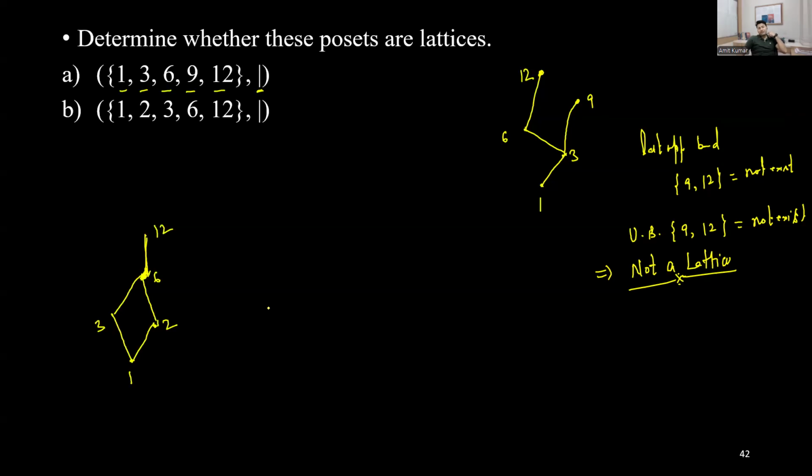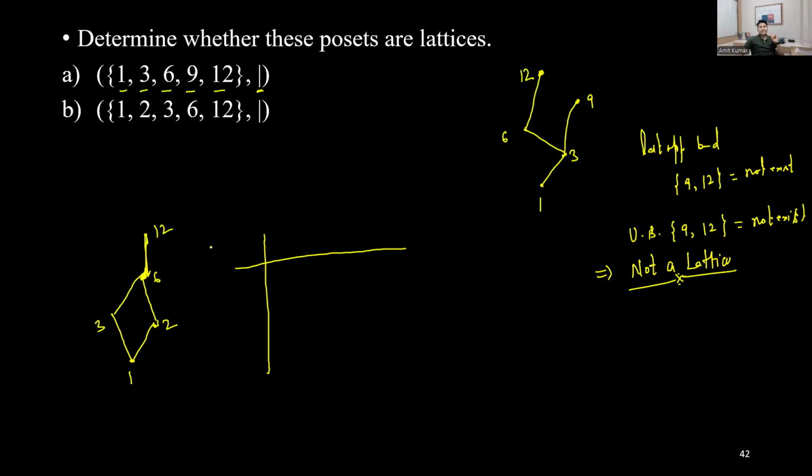Now it looks from this diagram that every pair has a supremum as well as an infimum. But we have to verify it. Let us verify it. When you observe that the given structure has a supremum and infimum, then we are supposed to show it by using the composition table.